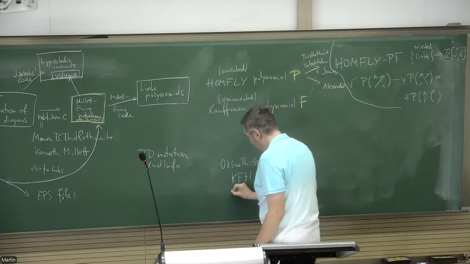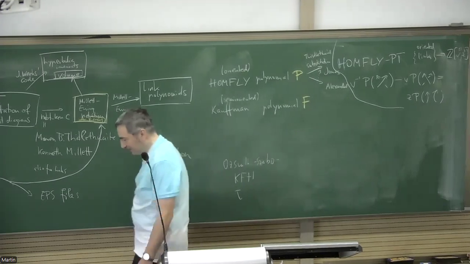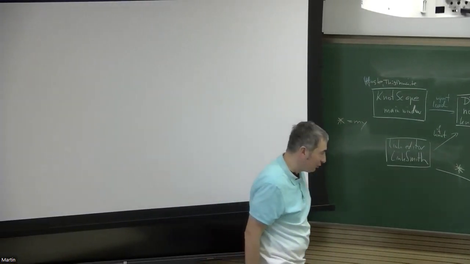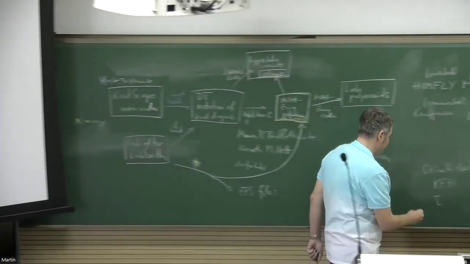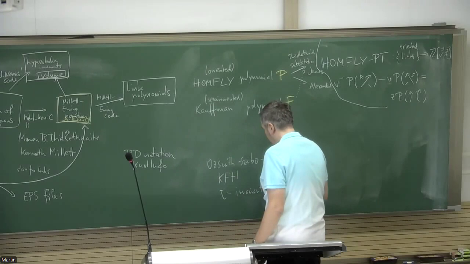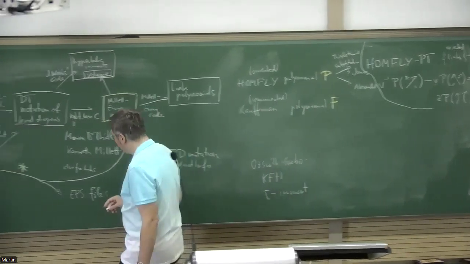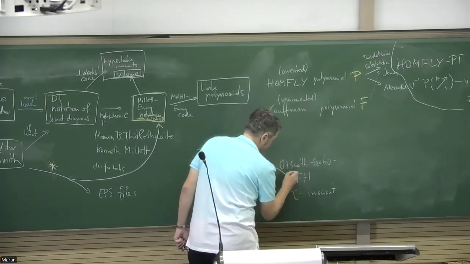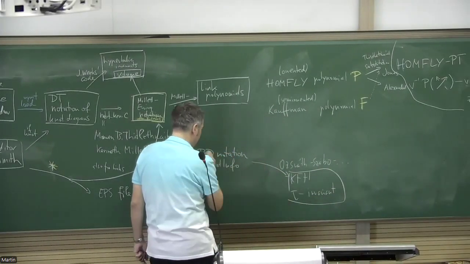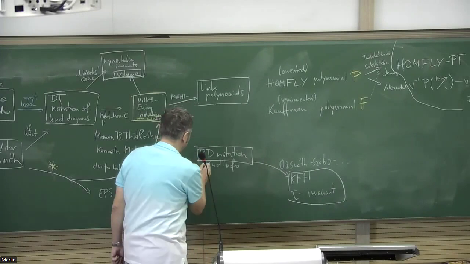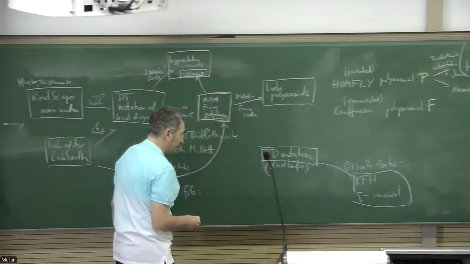Mostly what I used the Oswald Szabo programs for is calculating the tau invariant. And they use this notation, this PD notation.